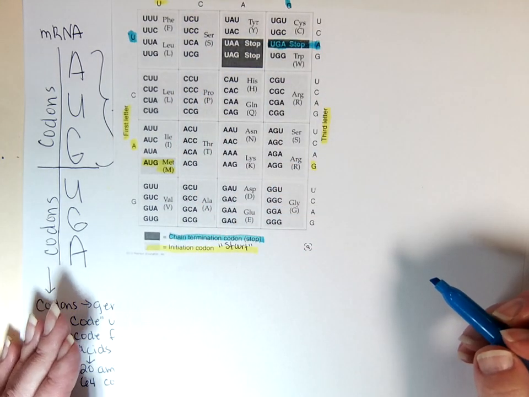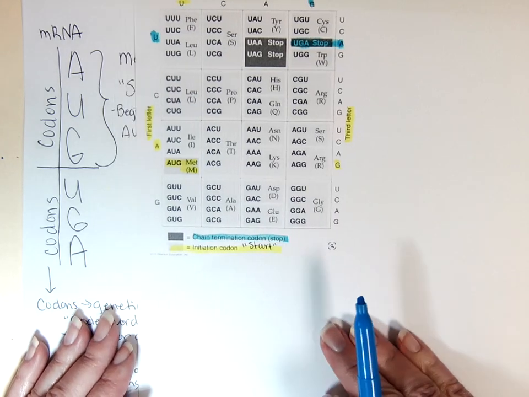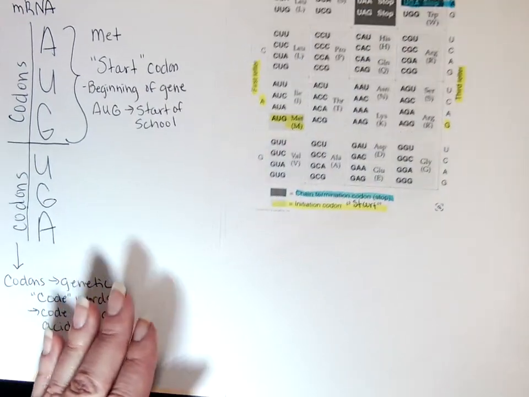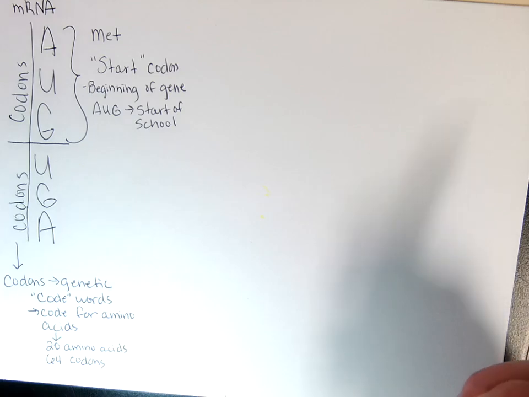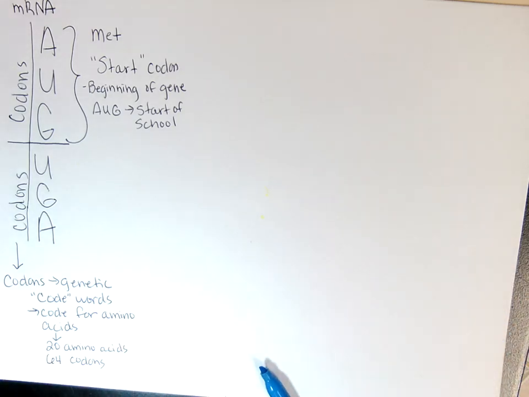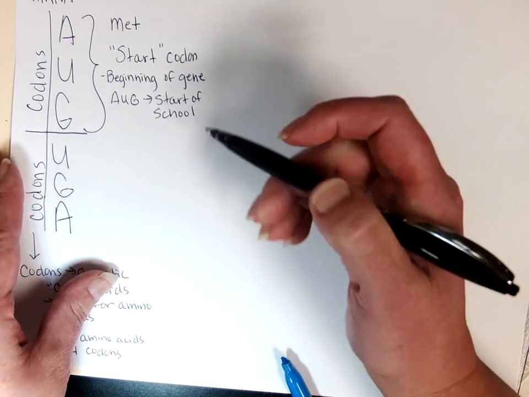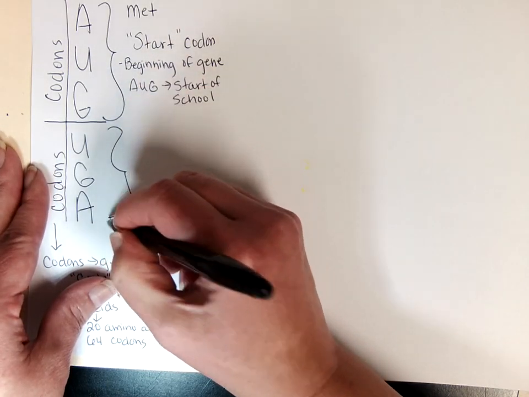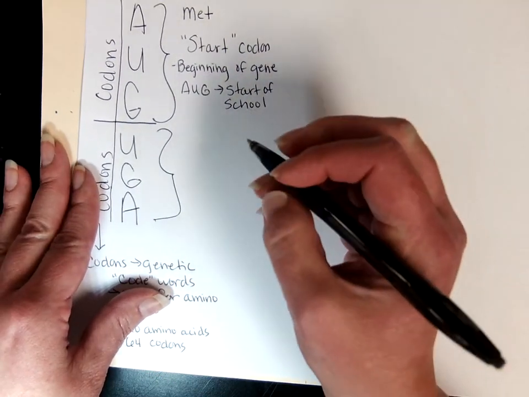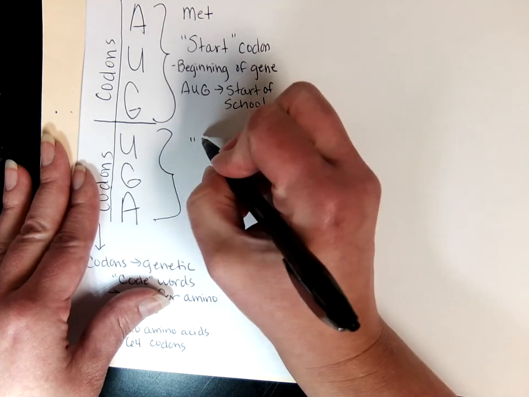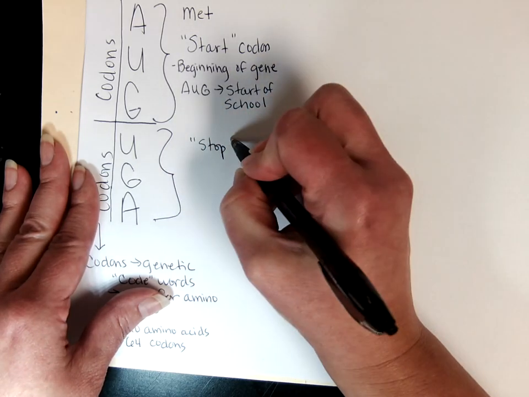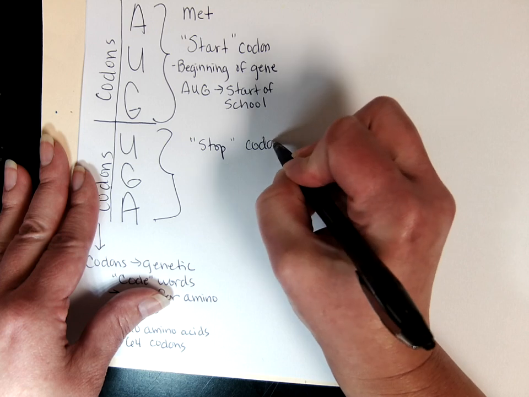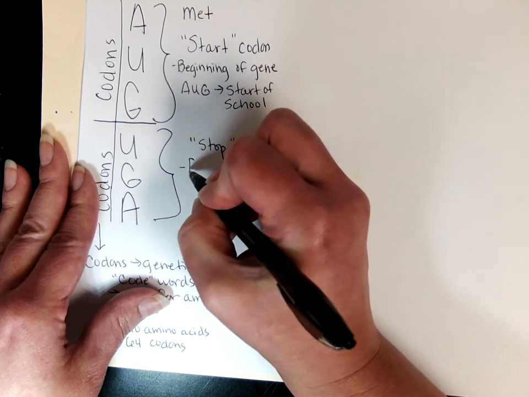It's the terminator. And it just means that when you're translating, the process of translation, the making of that protein, will stop when it reaches one of the three stop sequences. So this is the end of the gene.